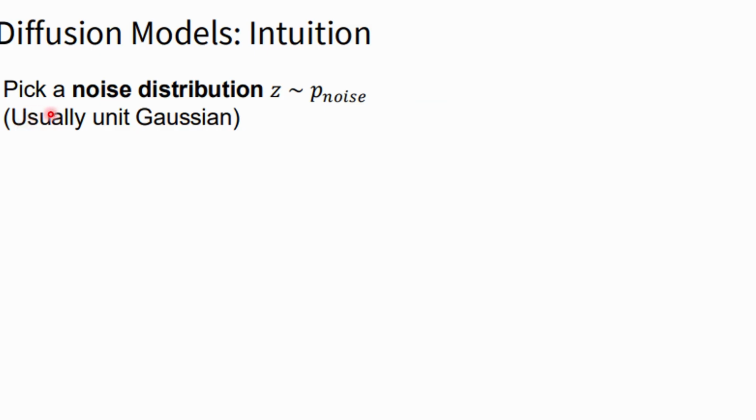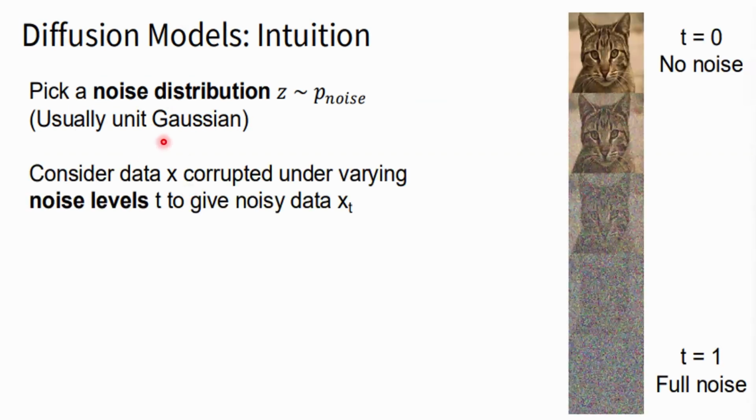But for this one, we're starting from complete noise, usually in the form of a unit Gaussian distribution. We consider it corrupted data, and then we try to go from here and come back, quote unquote uncorrupted, until it gets to an original image of no noise.